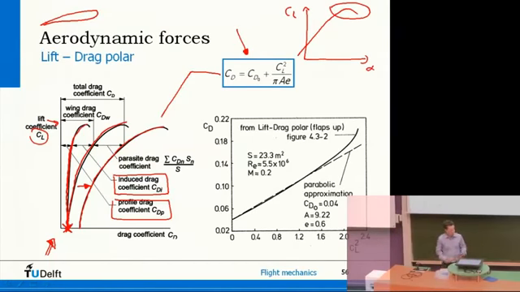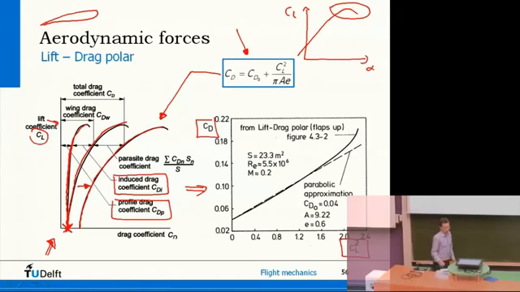Because if you would take this curve and plot it a little bit differently, so now I have CD on the y-axis and CL squared on the x-axis. So I make exactly the same plot as on the left-hand side. I'm just turning it around and using a squared.